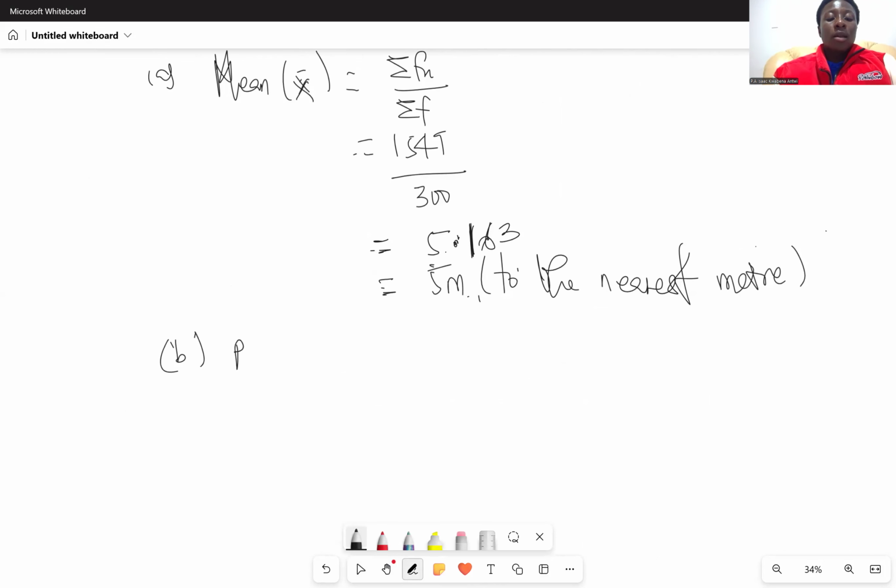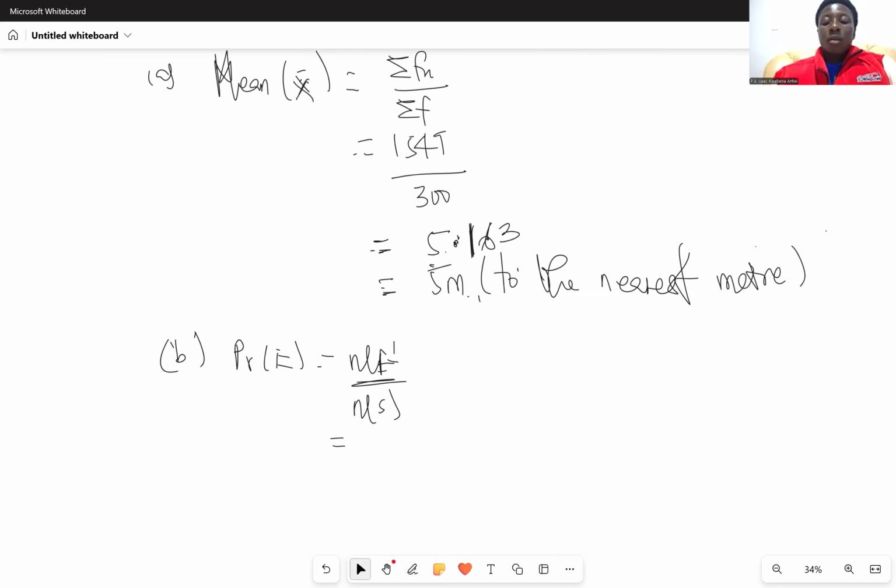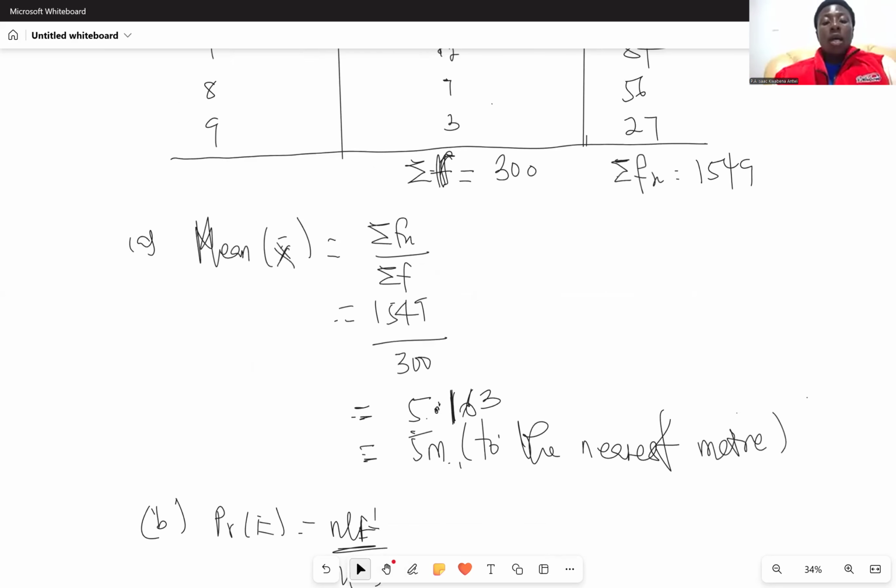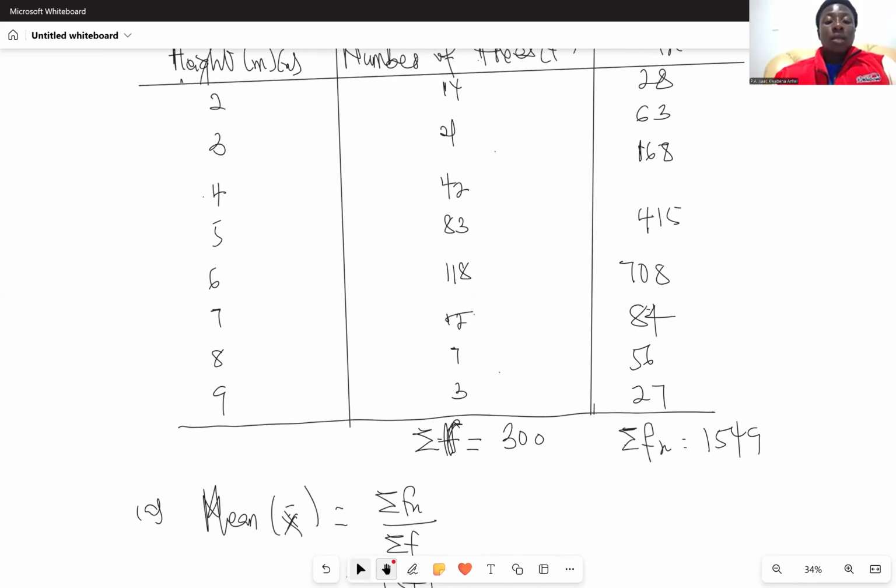Probability of an event is equal to number of events over the number of sample space.